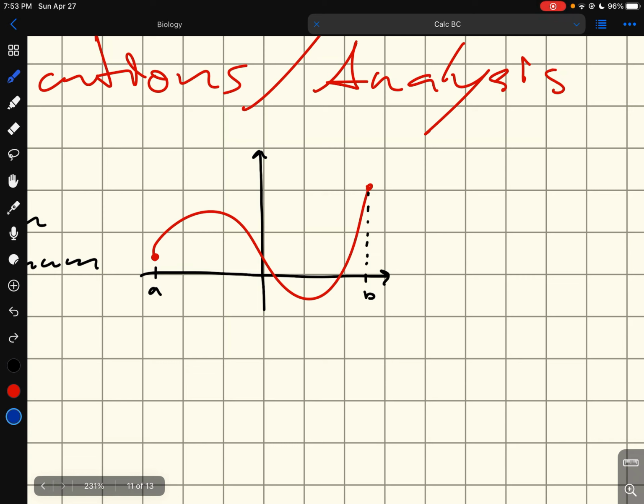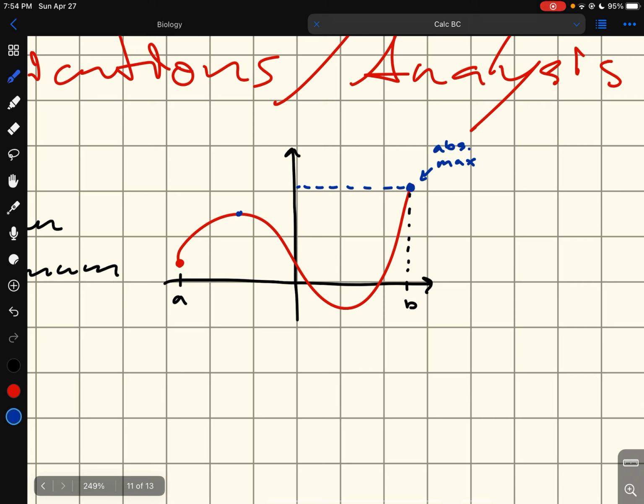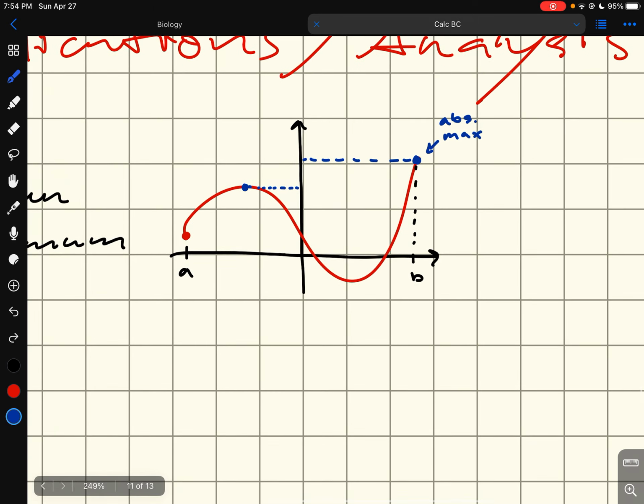So if we just look, we can see the absolute maximum is right here. Absolute max, because that is the highest maximum on the function. We have another maximum here, but that one only reaches to this y value. So that's how we know that this point is the absolute maximum. And then here is our absolute minimum.